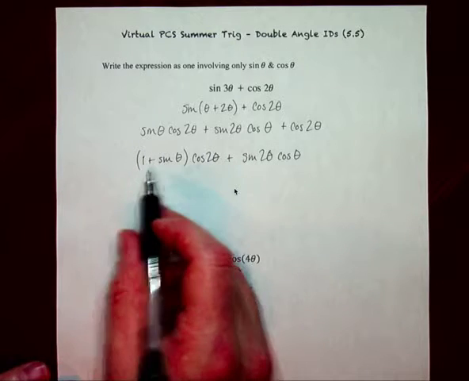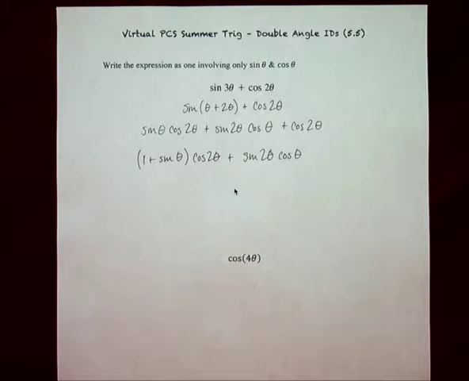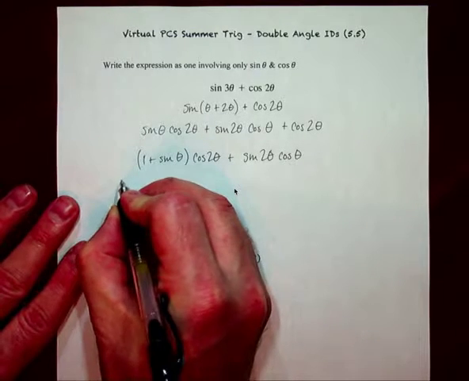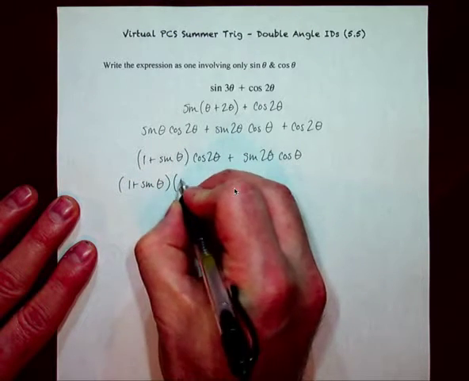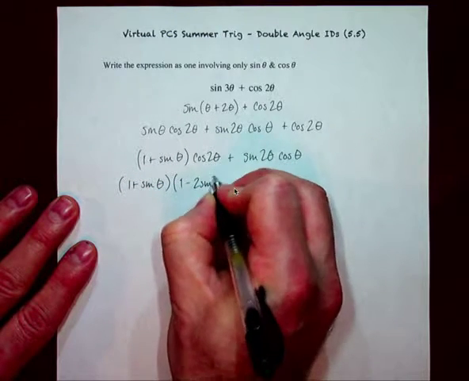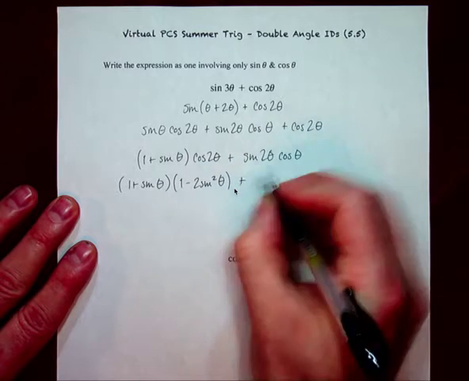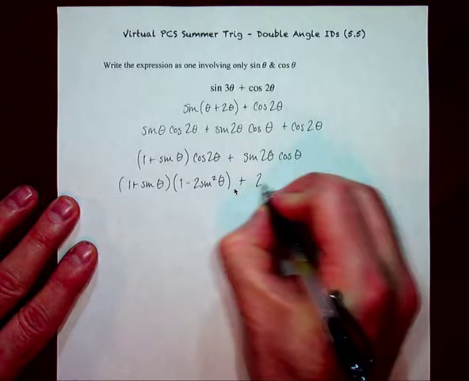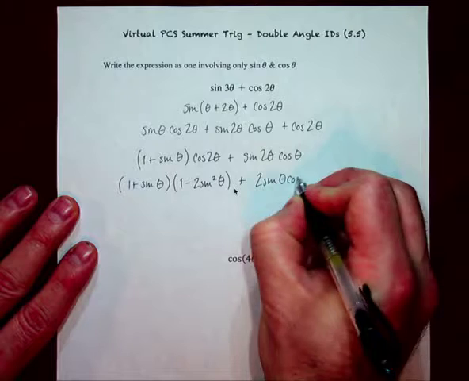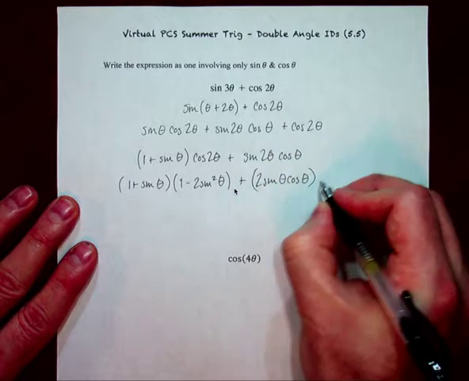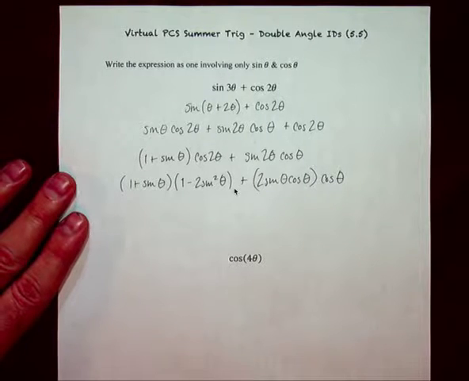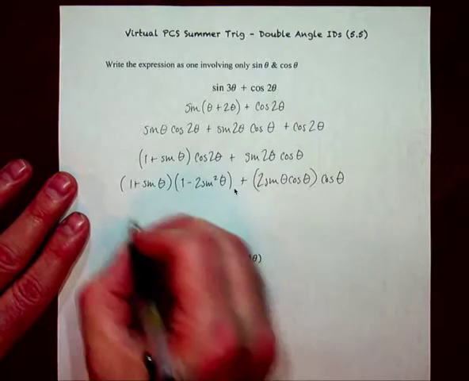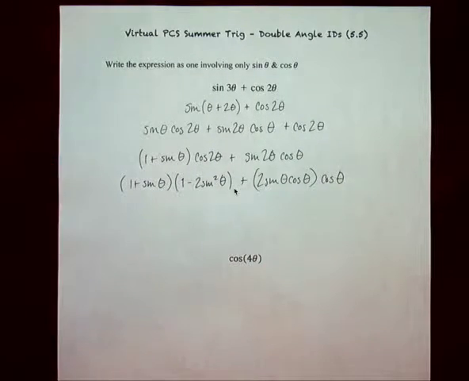Well, this one is 1 plus sine theta, so let's just go ahead and do it with the sine version. So I have 1 plus sine theta, and this becomes 1 minus 2 sine squared theta. This sine 2 theta becomes 2 sine theta cosine theta, and that of course is multiplied by the cosine theta, which just comes along for the ride. And you know what? You can multiply it all out. You can keep it all separate.